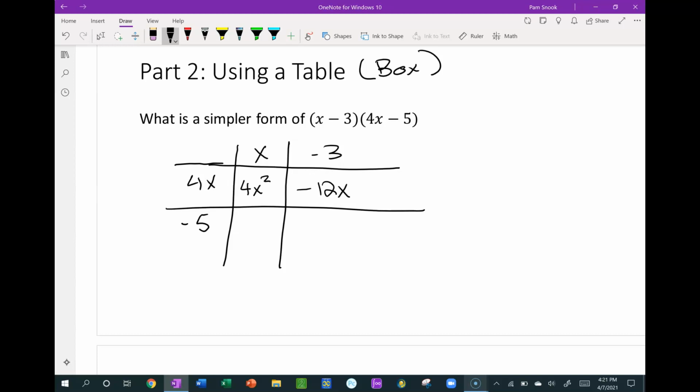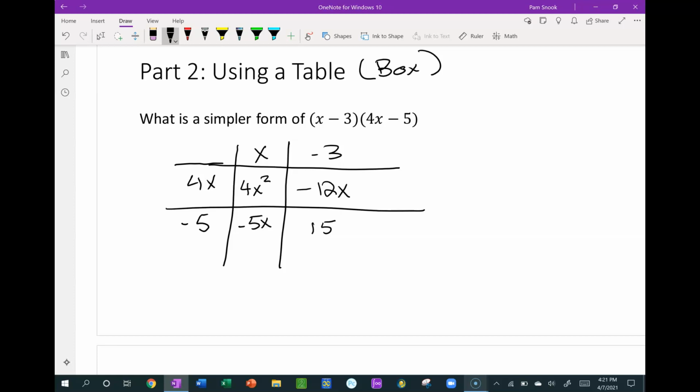Now I'm going to go down to my next row. This time it's negative 5 and x, so I get a negative 5x. And then my last one is negative 5 times negative 3 is positive 15. Now when I go to write my answer, I'm just going to take the contents of each of these boxes.